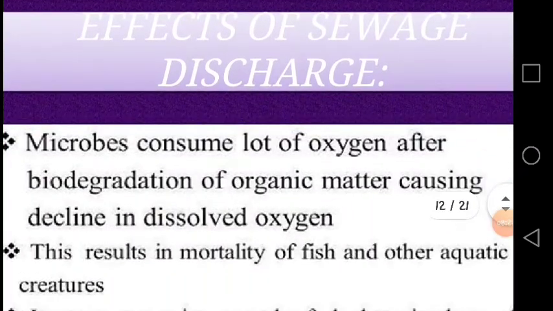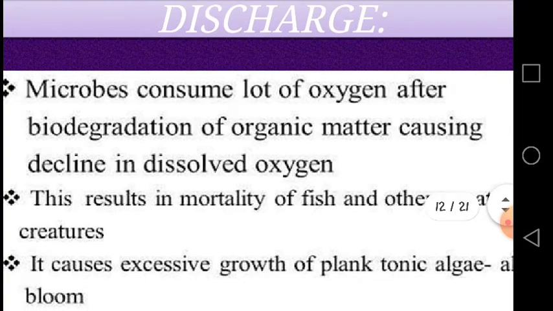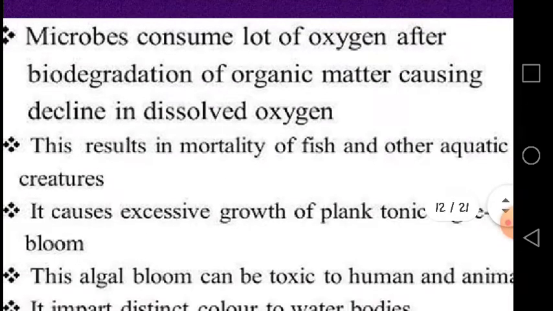Now, dear students, we are focusing on the effects of sewage discharge. When sewage is discharged directly into water, like rivers or lakes, microbes consume a lot of oxygen after biodegradation of organic matter, causing a decline in dissolved oxygen, and this results in mortality of fish and other aquatic creatures.